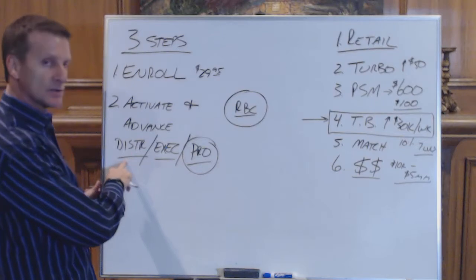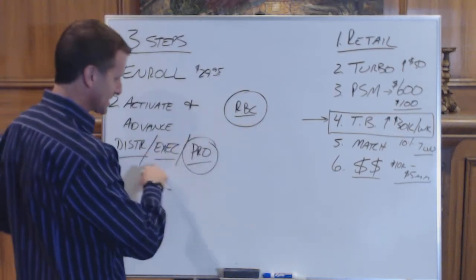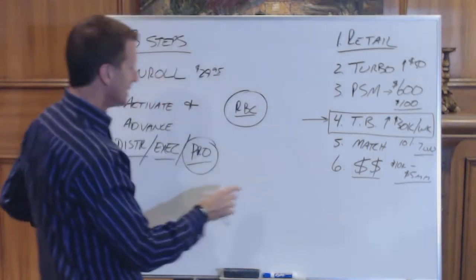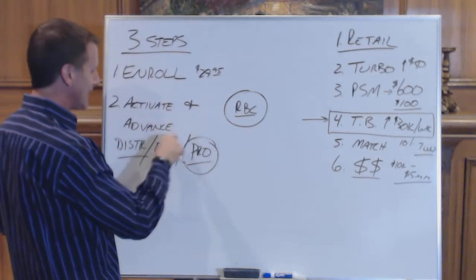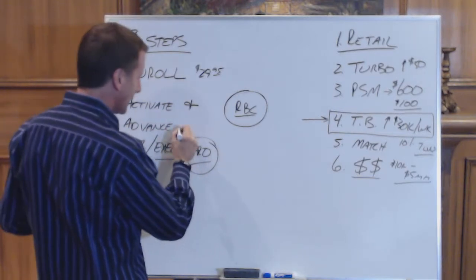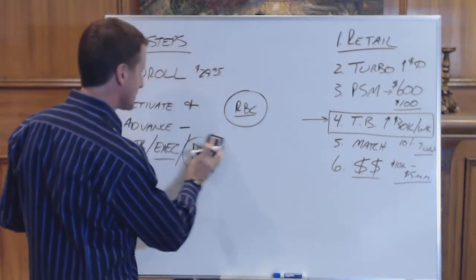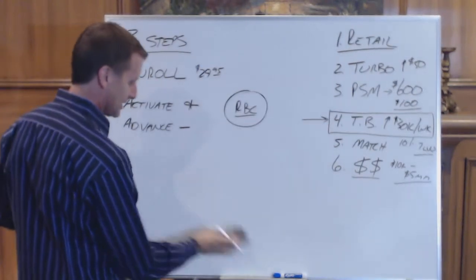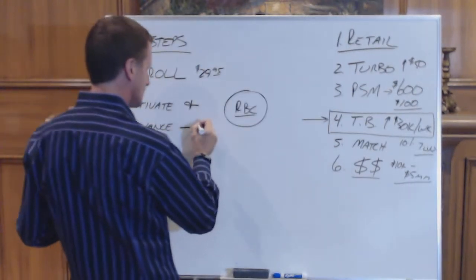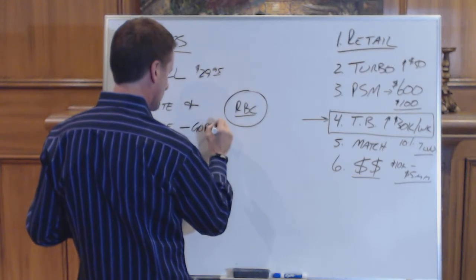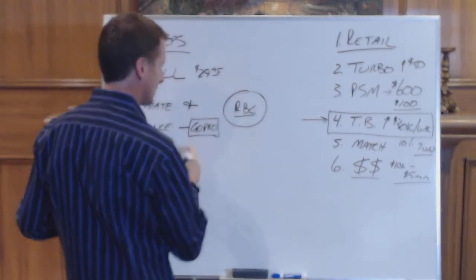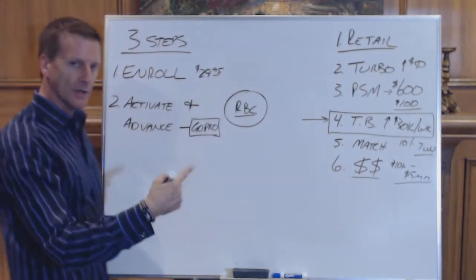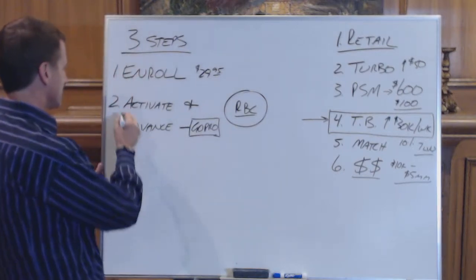You have to be at least distributor rank or executive or pro to earn a team bonus. So you want to activate and advance to one of these 3, but the real focus, and we'll do this in another video, the next video, however, the real focus is you want to go pro. That's the key. That's what you teach everybody to do. But whether you start there or get there over time, that's the second thing.